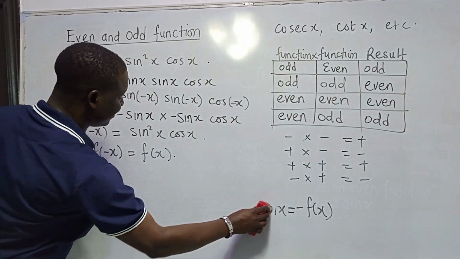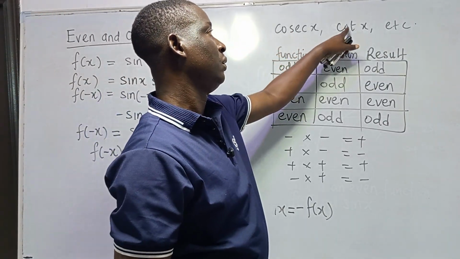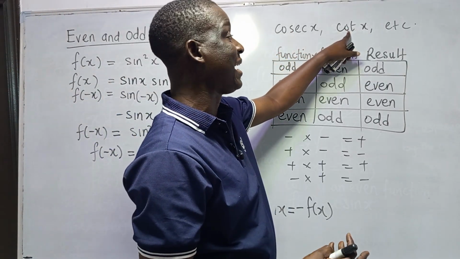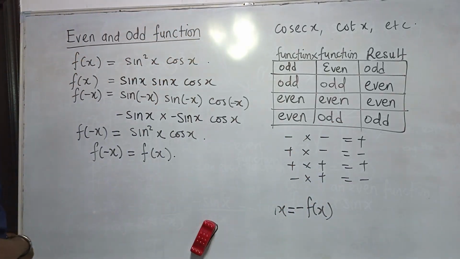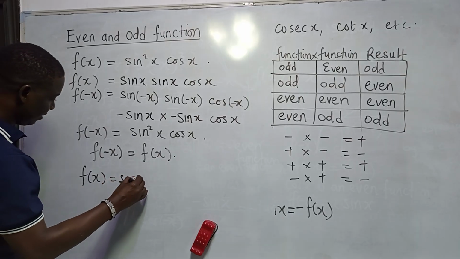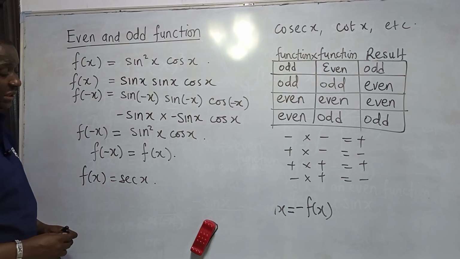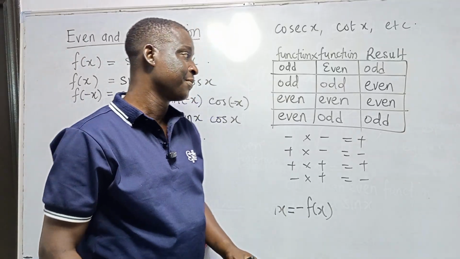Now, you can try this. I said cosec x is odd, cot x is odd, tan x is odd, but sec x is not odd, rather it is even. You can check it; don't forget it's simply 1 over cos x.